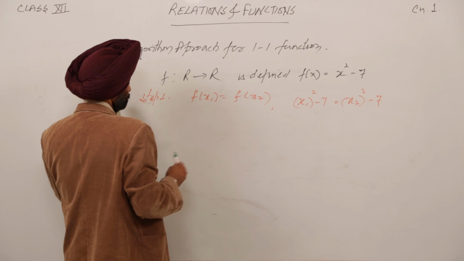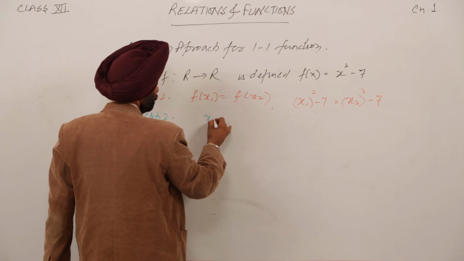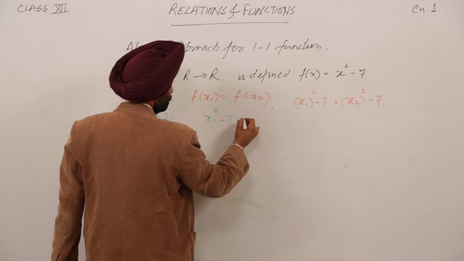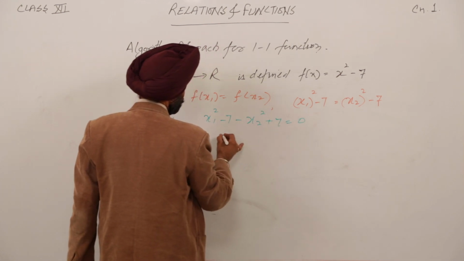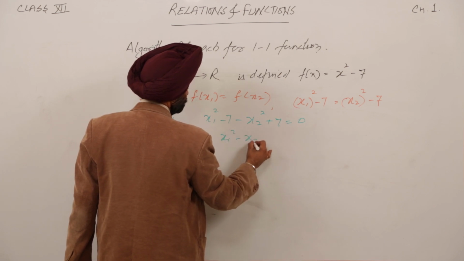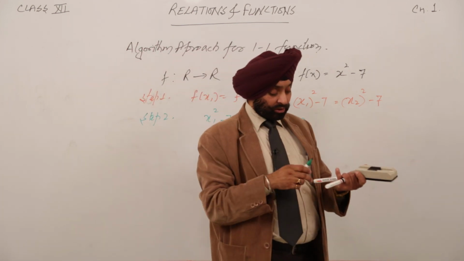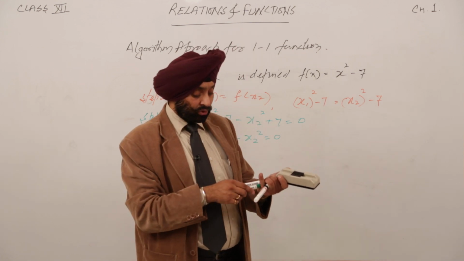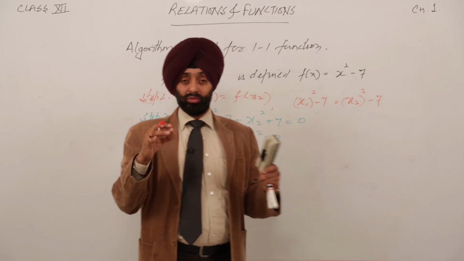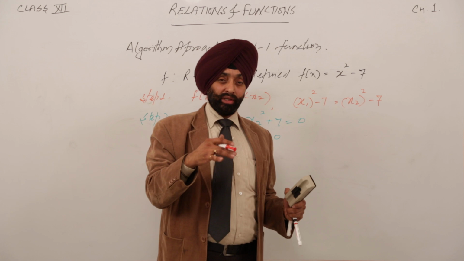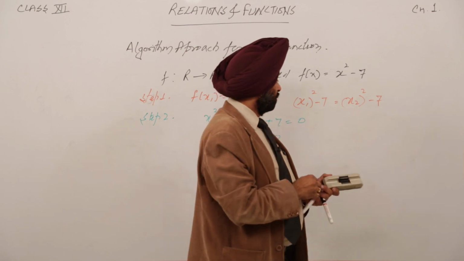Now step 2. Let's solve this part. We have x1 square minus 7 minus x2 square plus 7 is equal to 0, and we are left with x1 square minus x2 square is equal to 0. Now one more thing: many times students, you want to complete your exam or question paper too early, or you want to save time, so you do it in a rash manner.